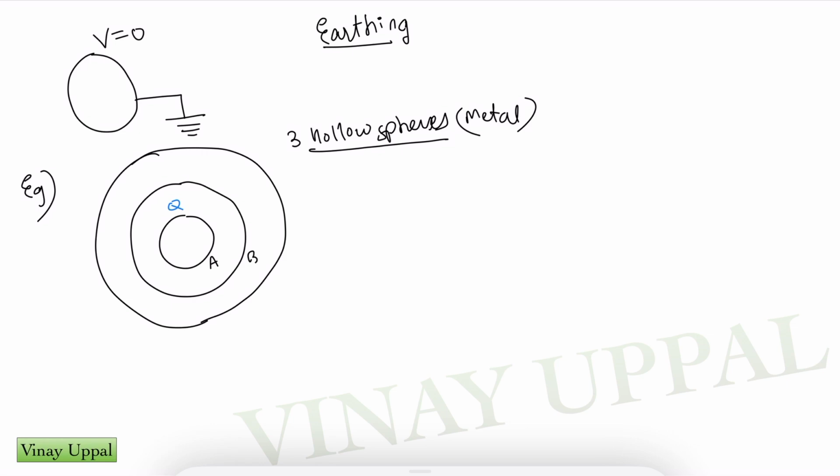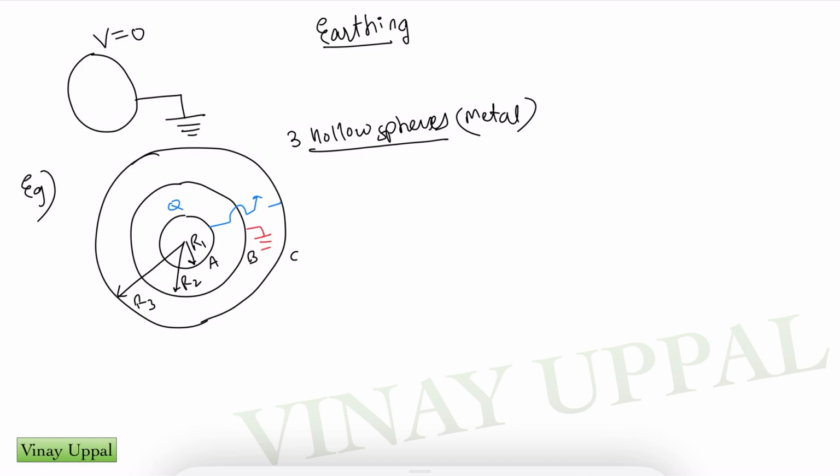Let's say sphere A, sphere B and C. Let's say the radii are R1, R2 and R3. And now I earth sphere B and I connect sphere A to sphere C.